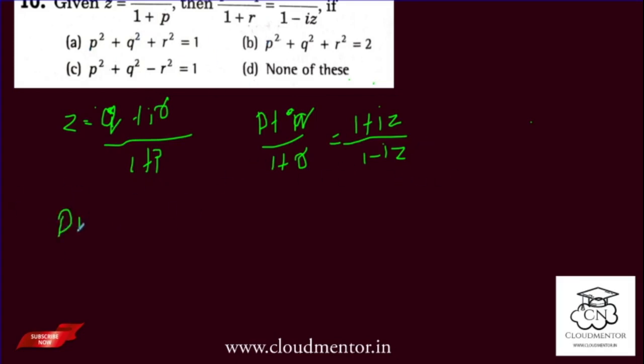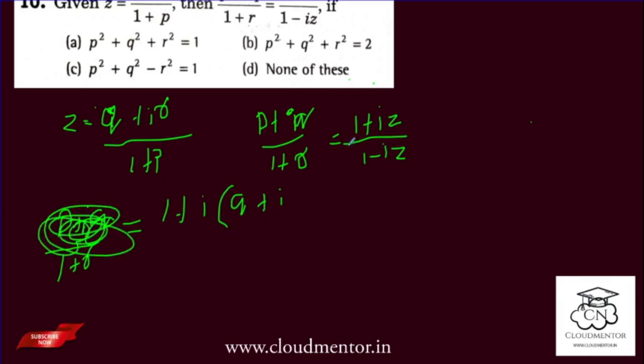So p plus iq by 1 plus r is equal to 1 plus iz, in the place of z I am giving q plus ir. I think I must first solve the RHS, that is 1 plus iz by 1 minus iz, then equate it with p plus iq by 1 plus r.